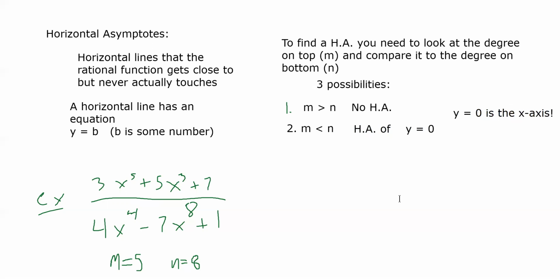Little side note. So that means that the horizontal asymptote then is the x-axis. The rational function is going to approach the x-axis without ever actually crossing through it. It's going to get close, but no cigar.